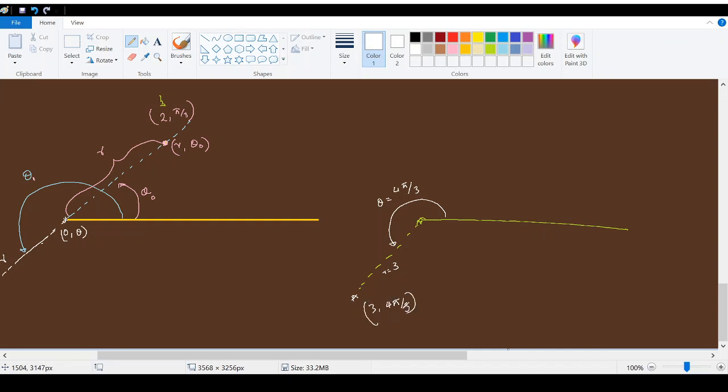So this is the radius and this is the angle, and if we make the opposite direction, this should be on an exact straight line, and if you have the same distance, that is r equals 3, now we don't have to measure this angle one more time, right?